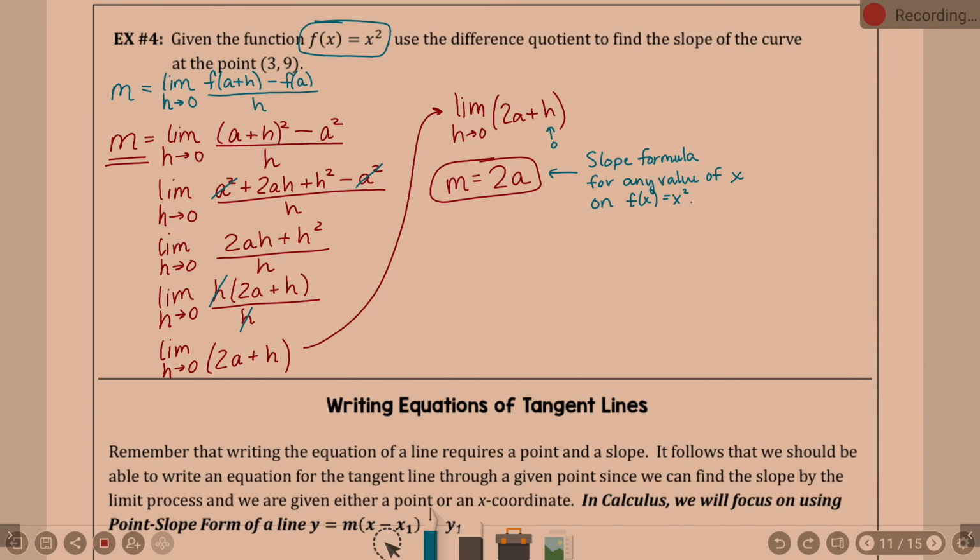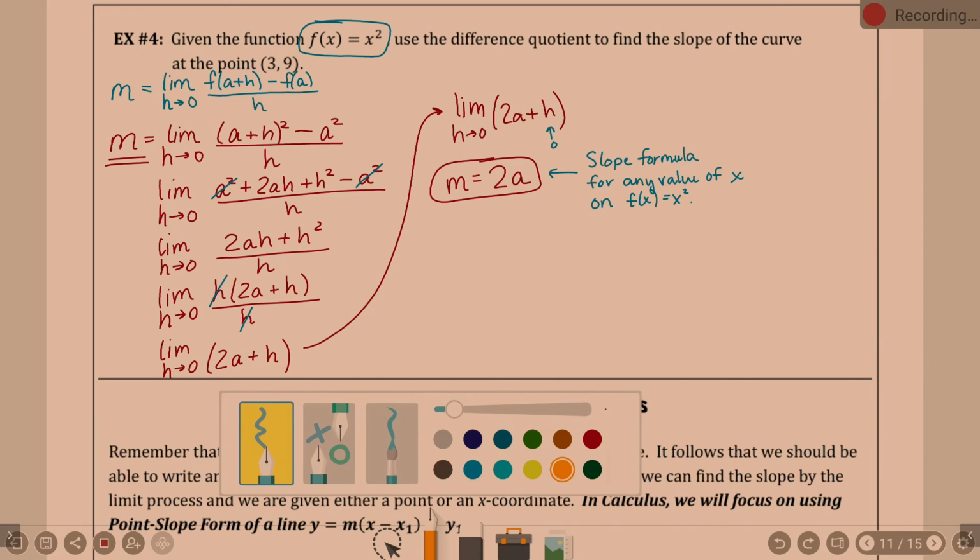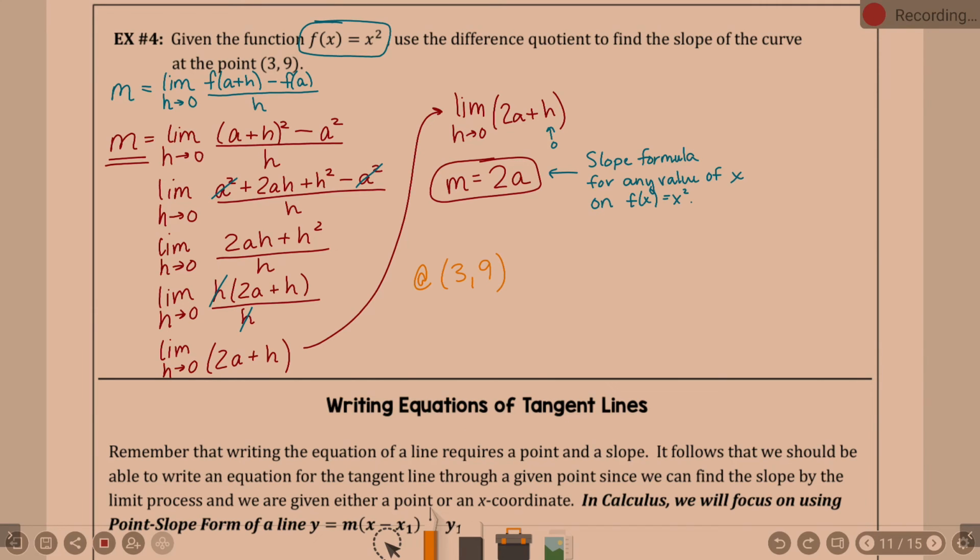Now, this said, given the function, use the difference quotient. It didn't say to find the slope of the curve at any point. It said specifically at 3, 9. So if we're doing this at the point 3, 9, they want slope, yes?